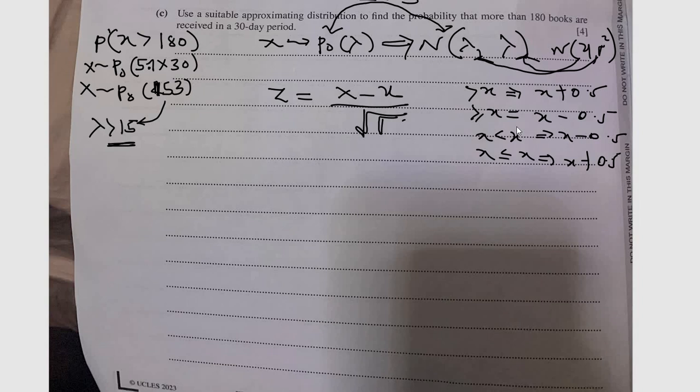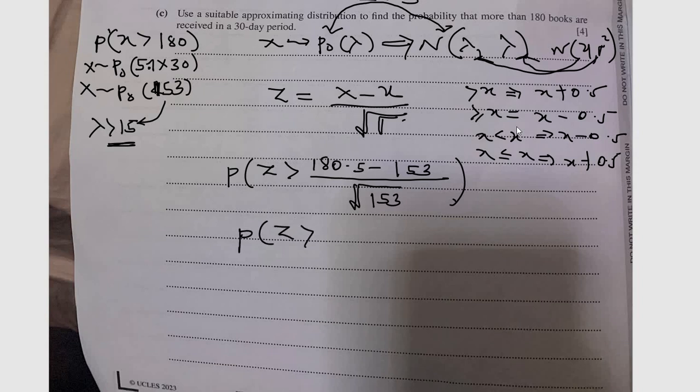And this one is greater than 180. So the probability of Z greater than (180.5 minus our mean 153) over the square root of the variance, square root of 153. When you work it out, you have 2.22, something like this.